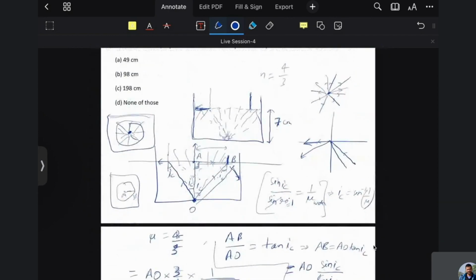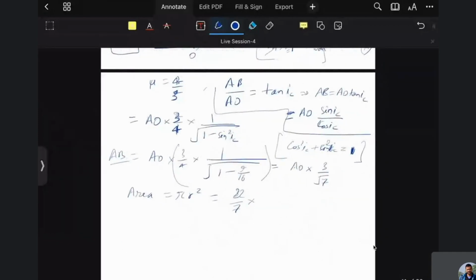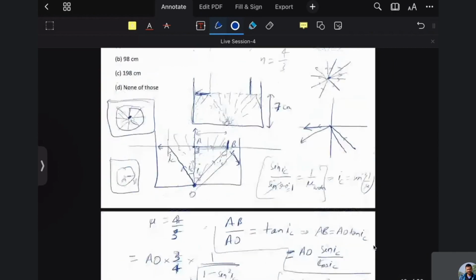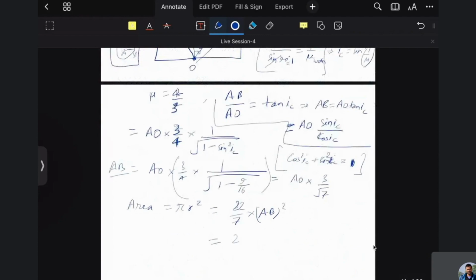And the radius of that circle is this AB, from all sides. So that's why we are putting AB square here. This is the surface area through which the light will come out. And you know AO is the depth, which is given as 7 centimeter here. So into AO square into 3 by 7 under root 7.